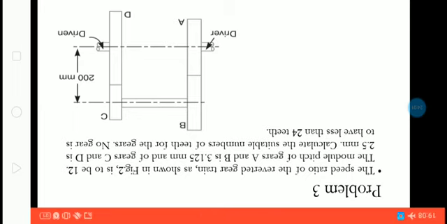Now to solve all these teeth, you have to get another expression in TA and TB, similarly TC and TD. For that, you check this diagram. There is a 200 mm distance. That distance is actually the distance between shafts, or the distance between centers.